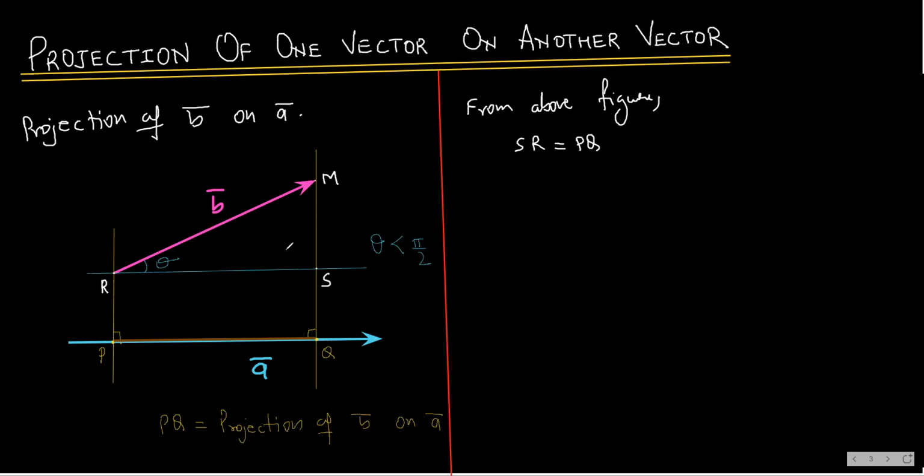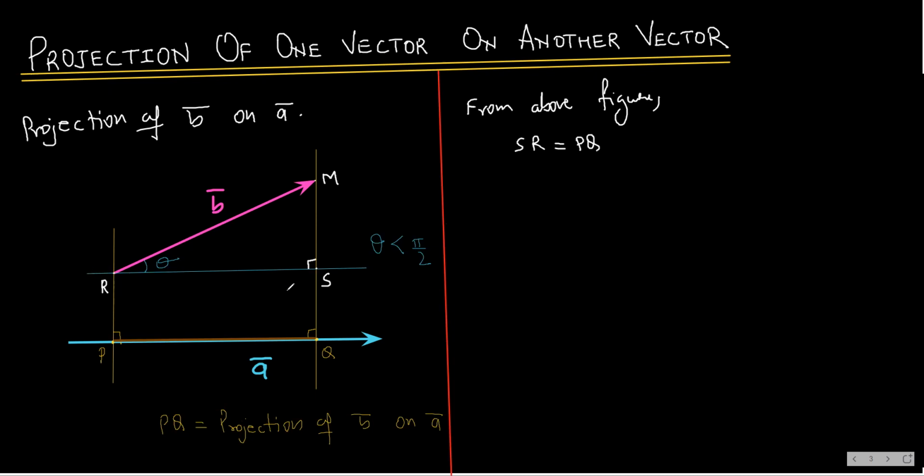Now see this triangle RSM, we have a right angle at point S, for the reason that we had drawn perpendiculars from point M and point R on vector A bar, and then we drew this RS parallel to A bar.